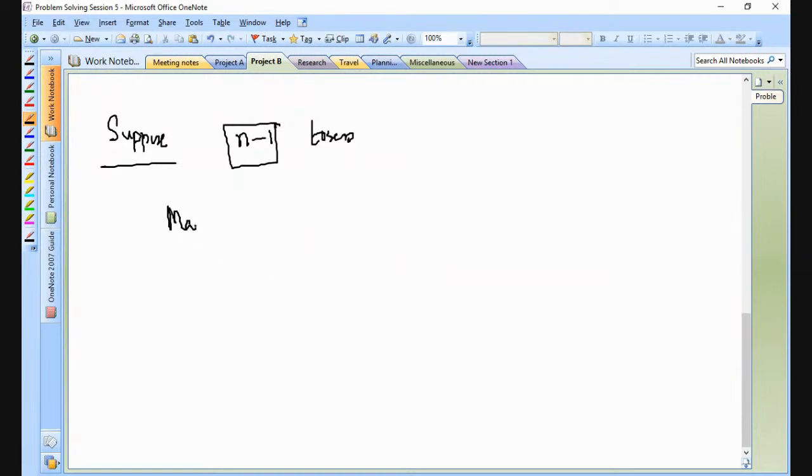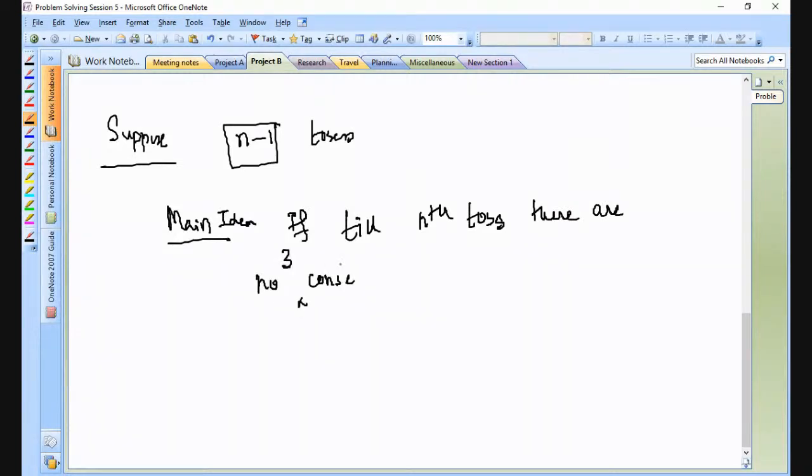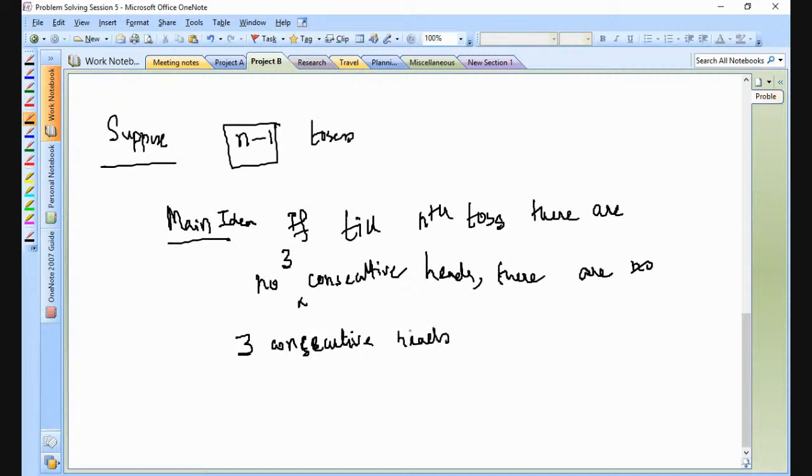The main idea is that if there are no 3 consecutive heads till the 8th toss, then for n minus 1, n minus 2, down to 1, if we stop the experiment at 7, there will be no 3 consecutive heads either.